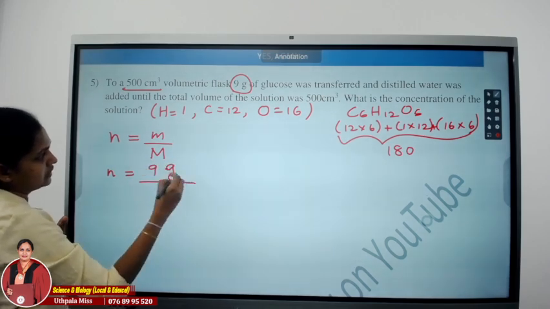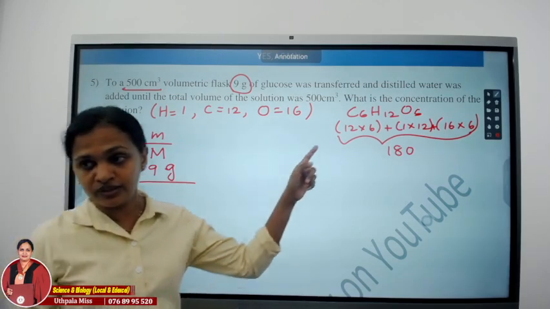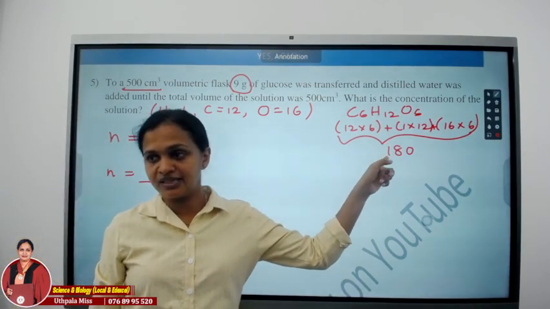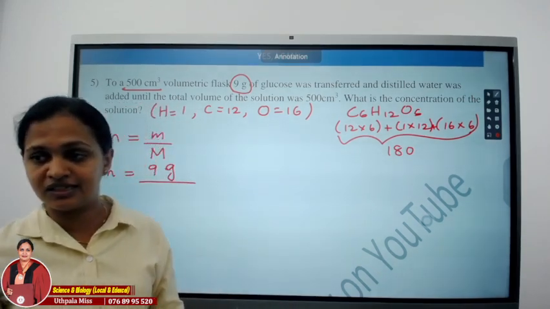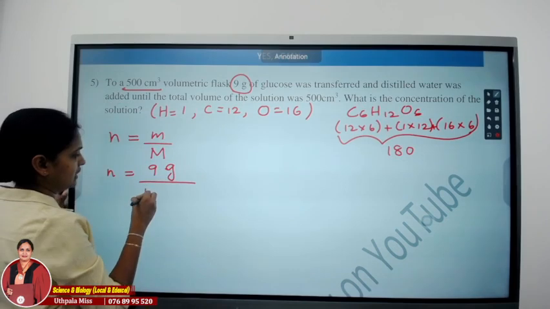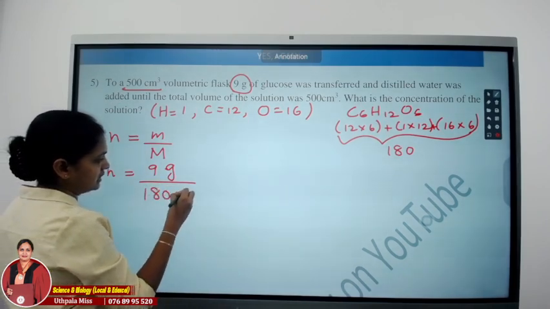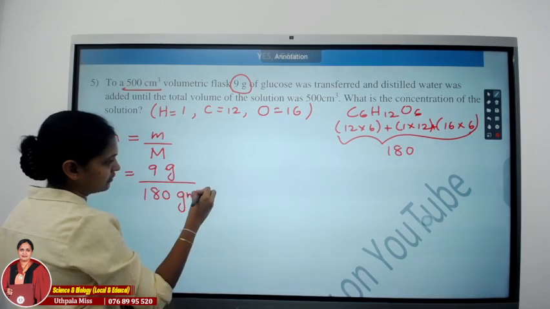The relative molecular mass is 180, and once you take it in grams, it is the molar mass, 180 grams per mole.